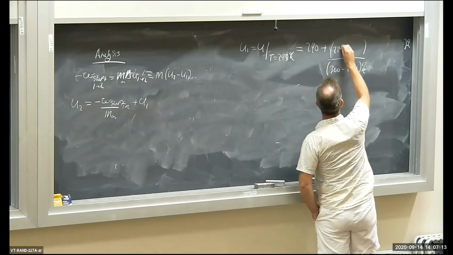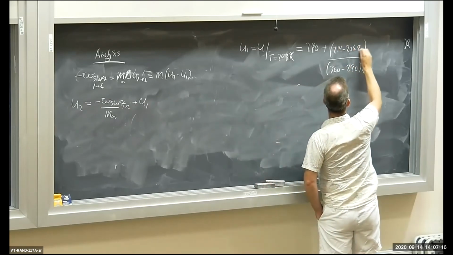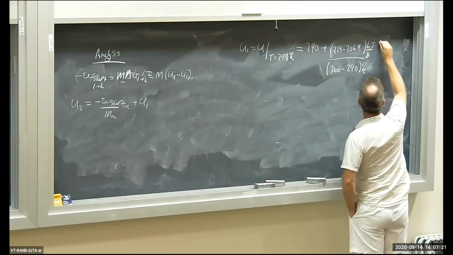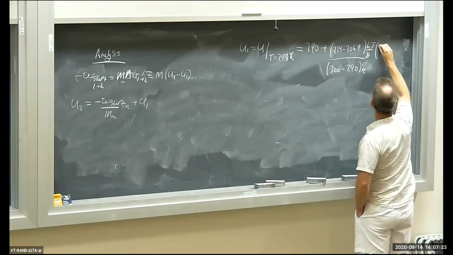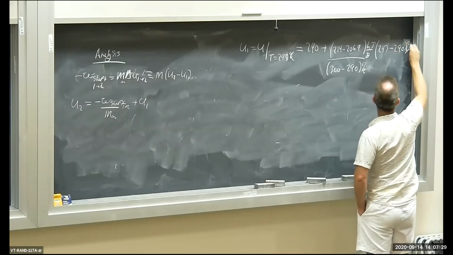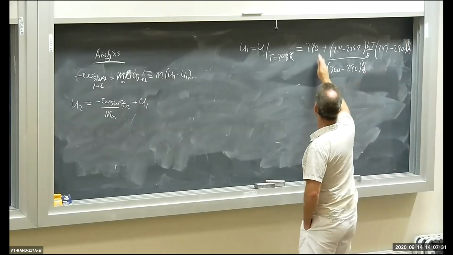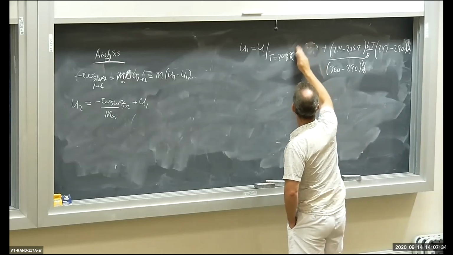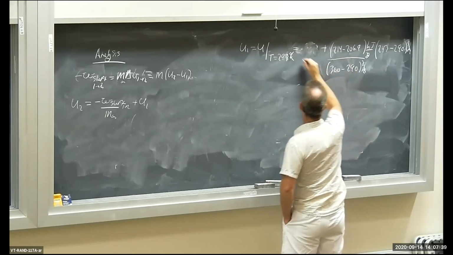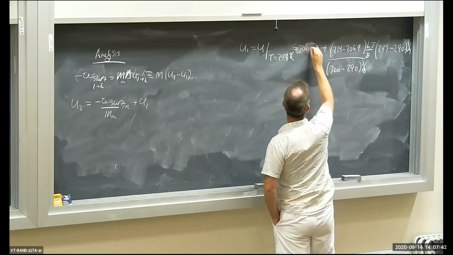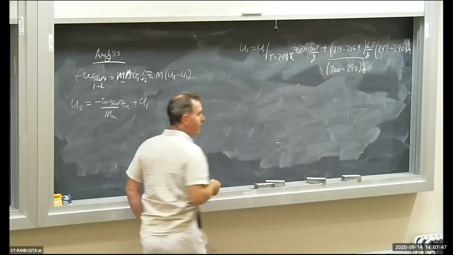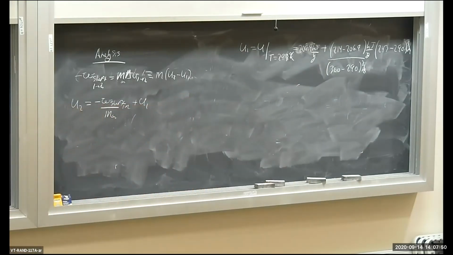214 and 206.9, and this has units of kilojoules per kilogram. And then I have 293 minus 290 degrees Kelvin. The Kelvins cancel out. I need my base, 206.9 kilojoules per kilogram. I seem to be interpolating temperature, not internal energy. Okay, that should work.